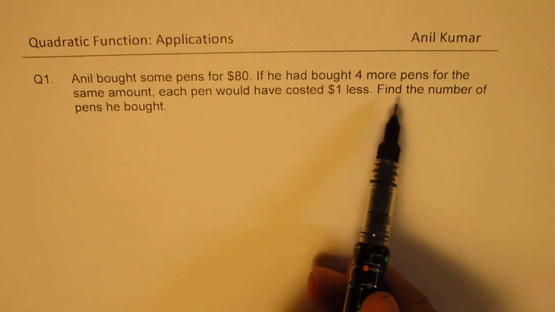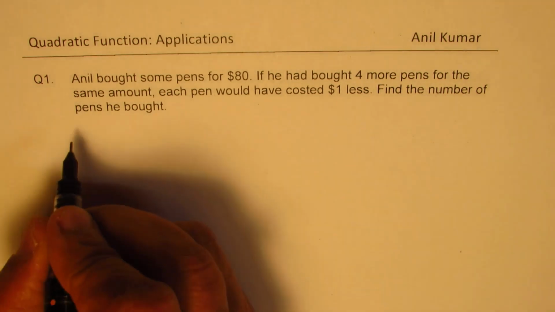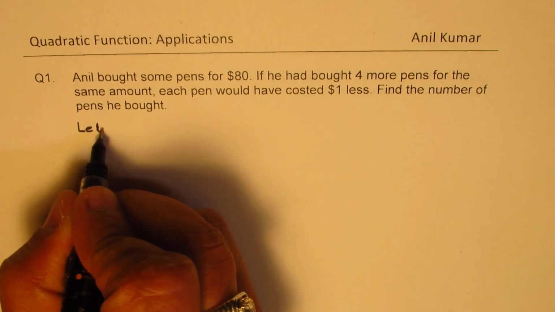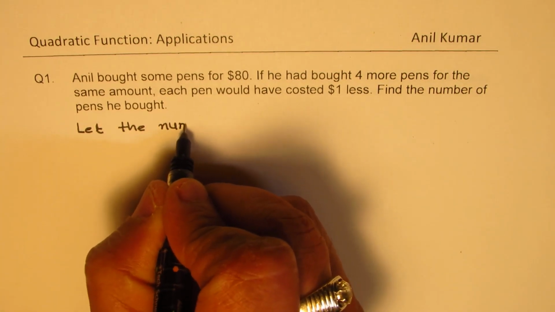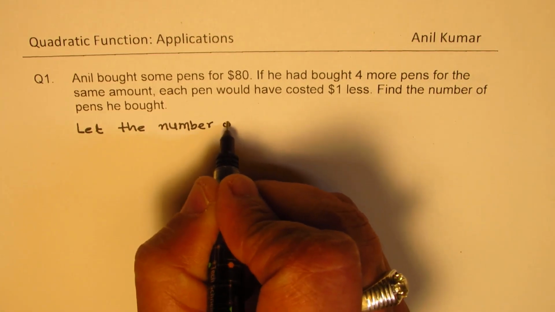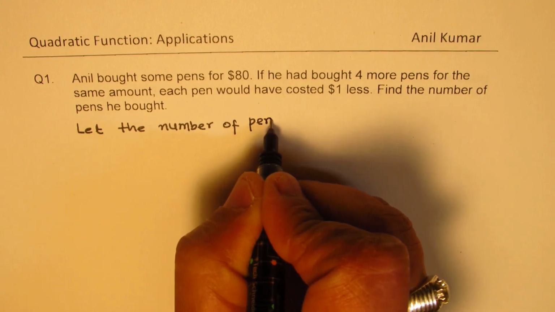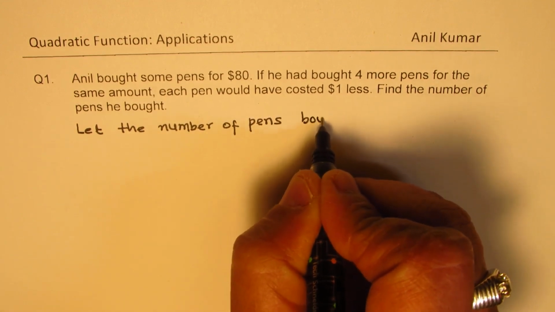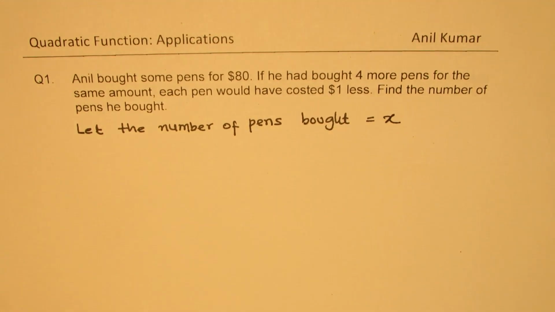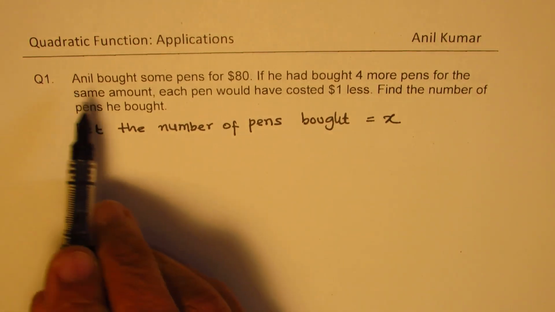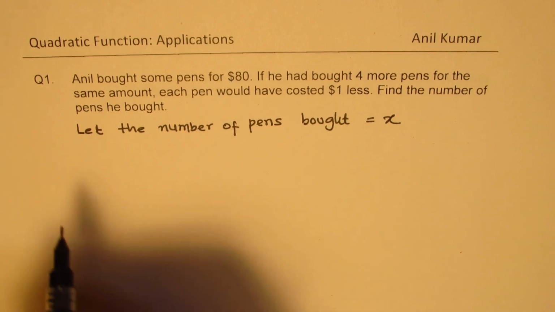So we need to find the number of pens he bought. So let that be x. So let the number of pens equal to x. Now we are saying Anil bought some pens for $80.